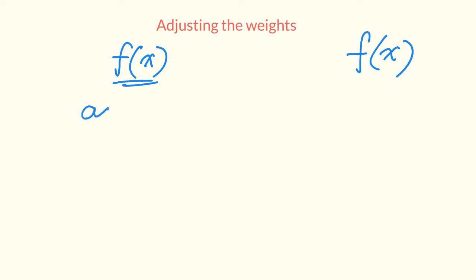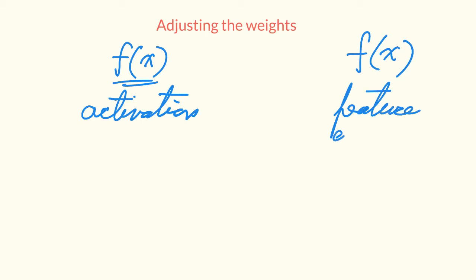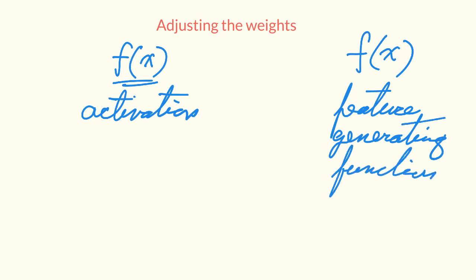Here I have the activation function, and here I had the feature generating function. Obviously, we can't let that stand. We have to deconflict. So since activation function starts with A, what we will do going forward is call this function A of X.